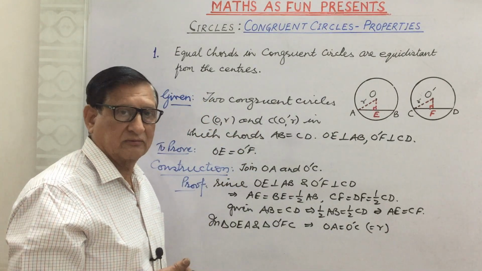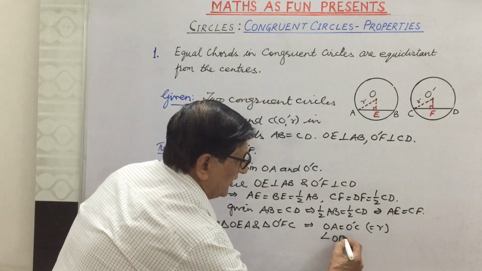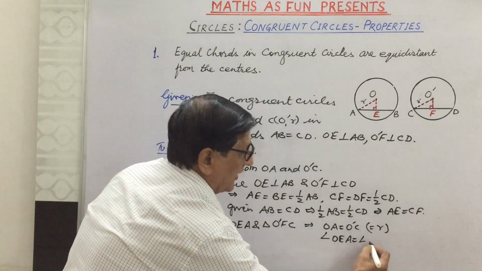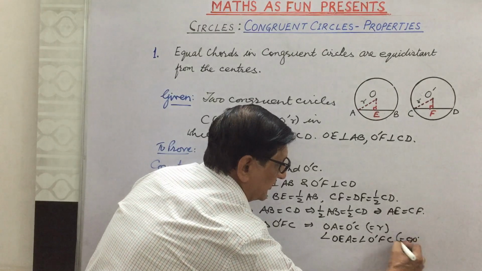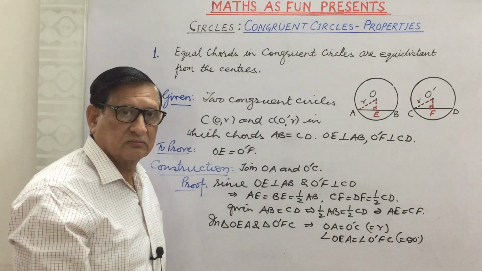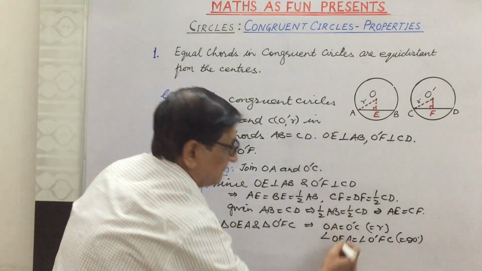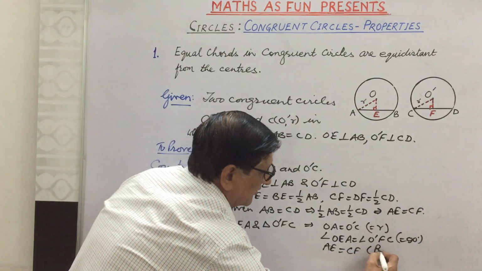They are equal to R. Then we have angle OEA is equal to angle O dash FC, that is each is 90 degree because OE and O dash F are perpendiculars. And now we have AE is equal to CF, that we have already proved.